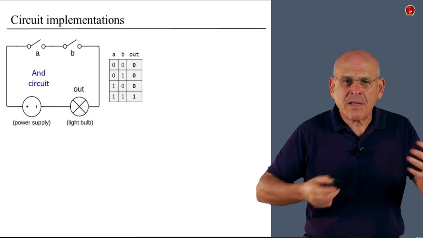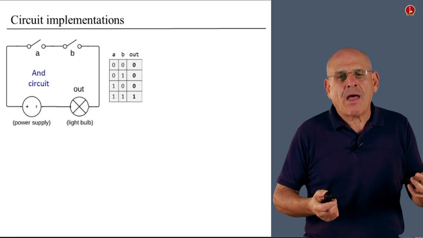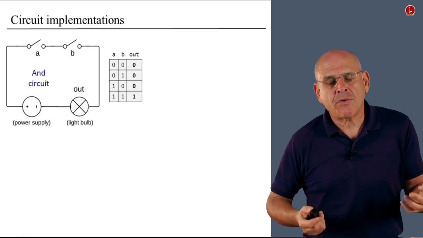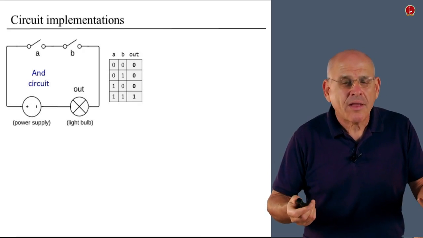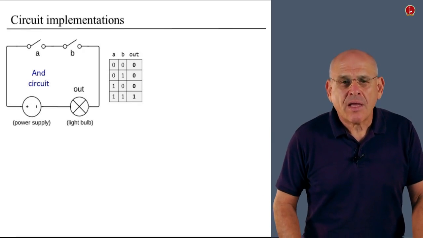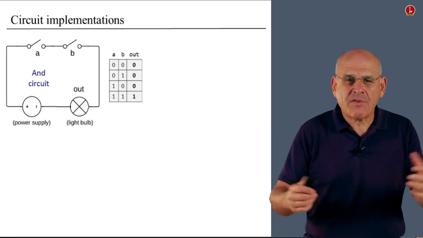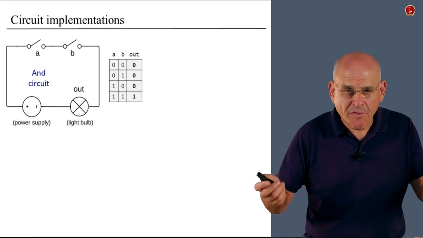And there's a certain graphical language here that describes what's going on. When we want to represent the fact that the gate outputs 1, we assume that a light bulb will be turned on. And when the gate delivers output 0, the light bulb will be off.